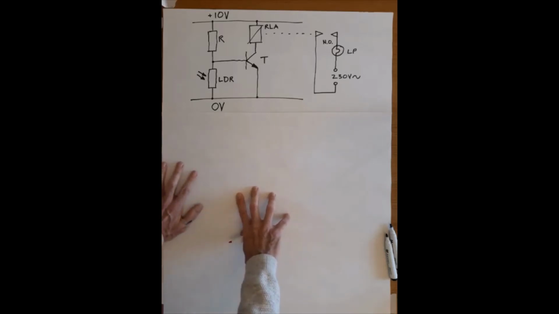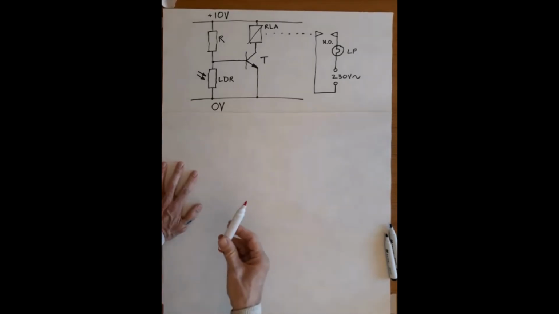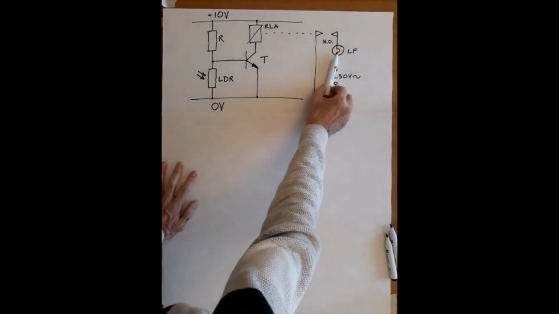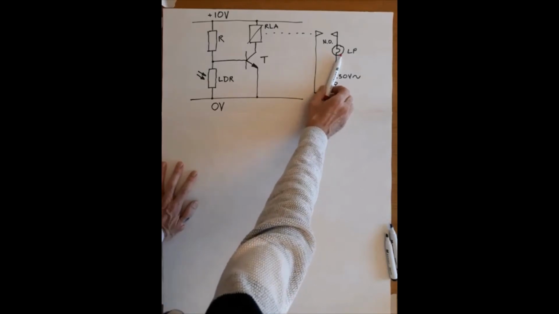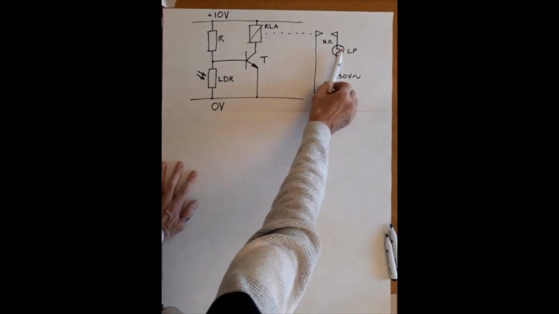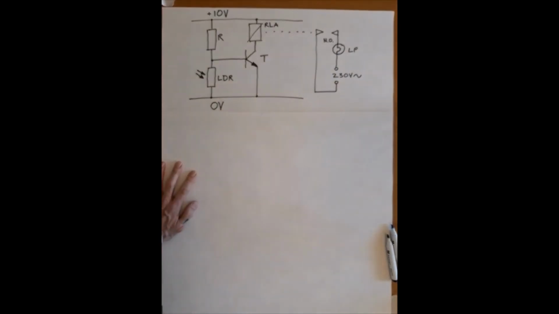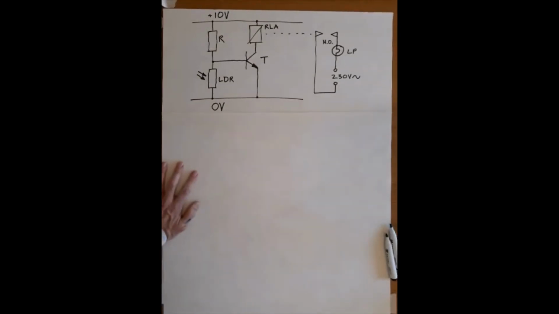This is the sort of thing you may see outside people's front doors, over a porch, and as it becomes dark we turn on a light, and the lamp that goes with that is usually mains rated, so a 230, 240 volt lamp, and we need a means of turning it on, and it's the electronics that turn on that lamp. This circuit is one way of achieving that very objective.